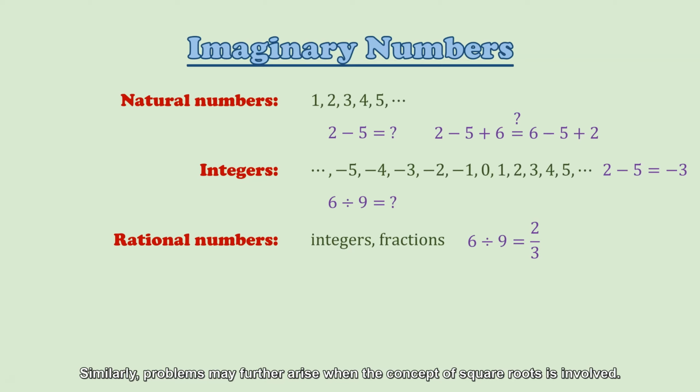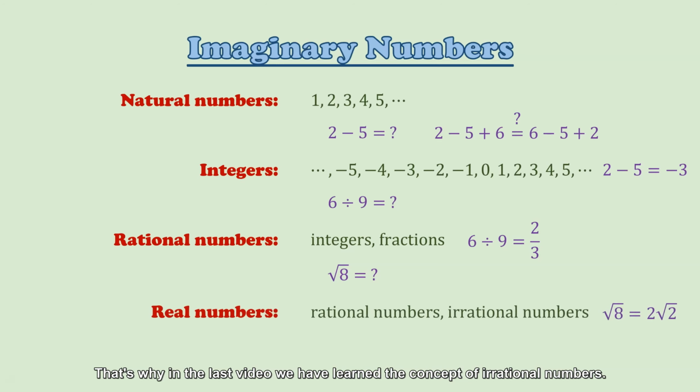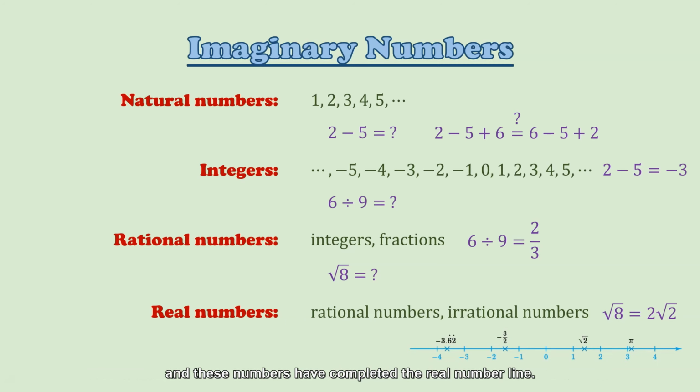Similarly, problems may further arise when the concept of square roots is involved. For example, for square root of 8, the result is undefined under the rational number system. That's why in the last video we have learned the concept of irrational numbers. Rational numbers together with irrational numbers form the real number system, and these numbers have completed the real number line.